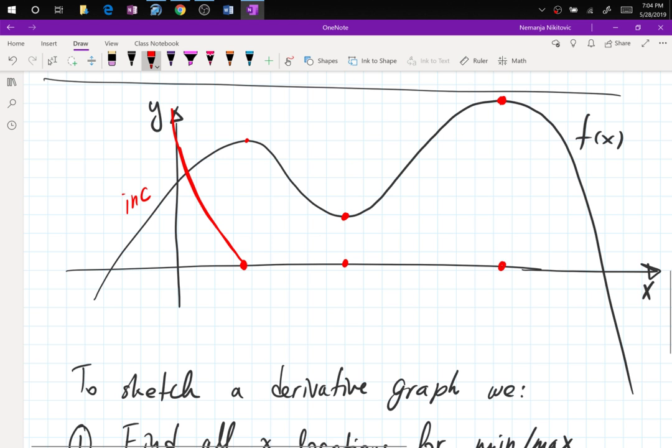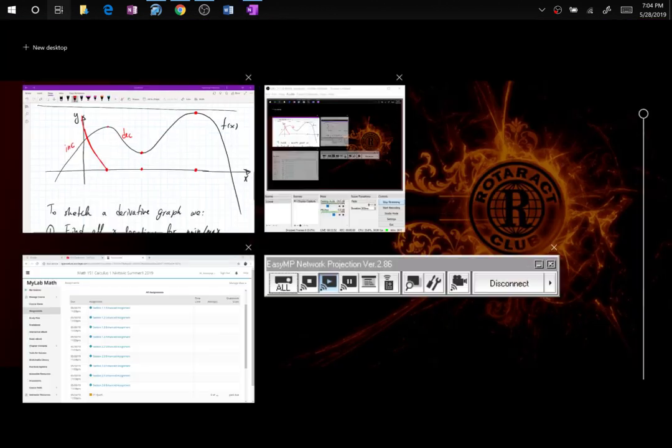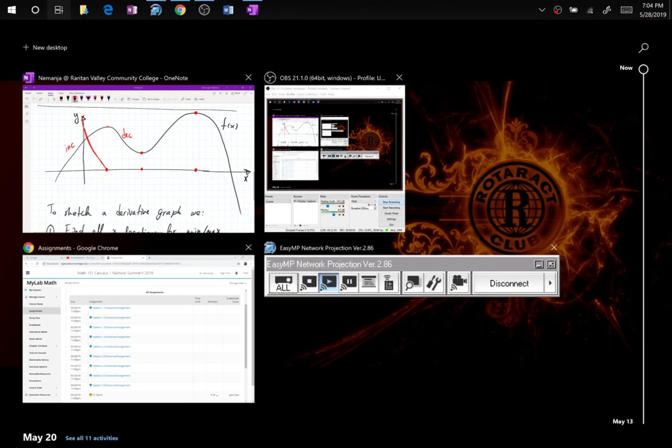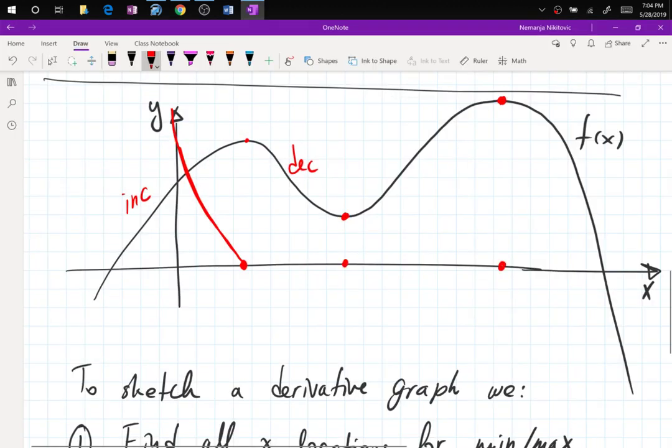I don't know if this derivative goes like this, like that, I really don't know which one of these lines. But what's important is that the derivative is above the x-axis. On a decreasing part, the derivative has to be below the x-axis. And I'm happy because, yay.